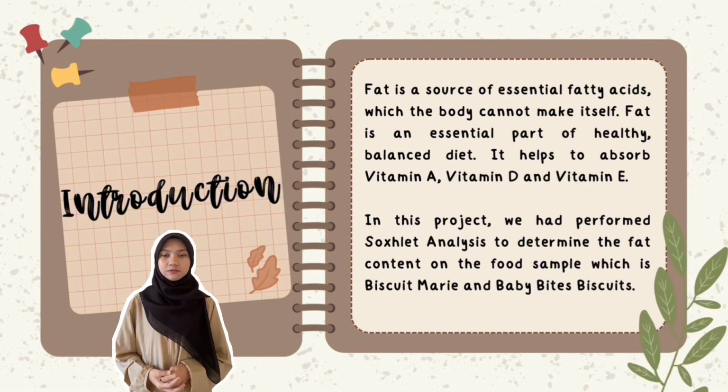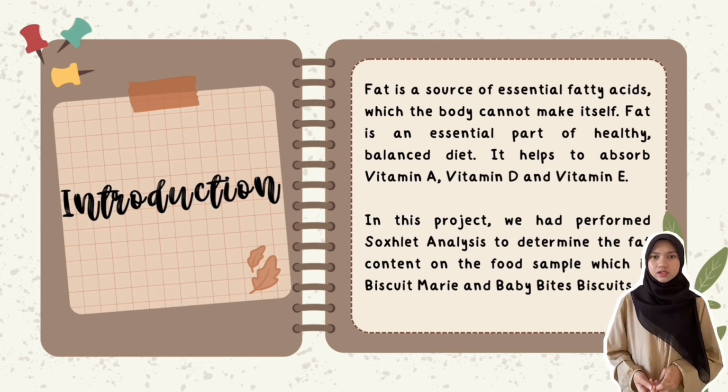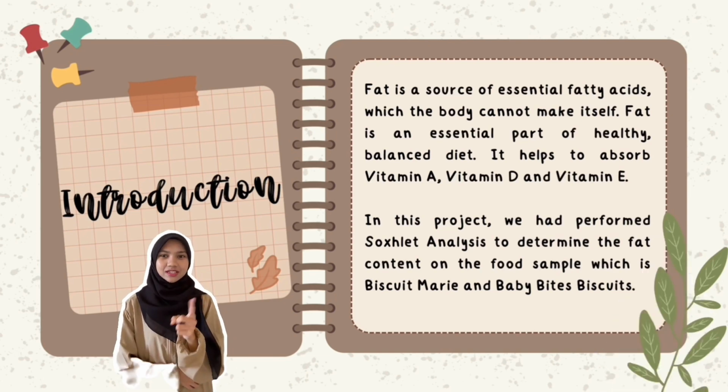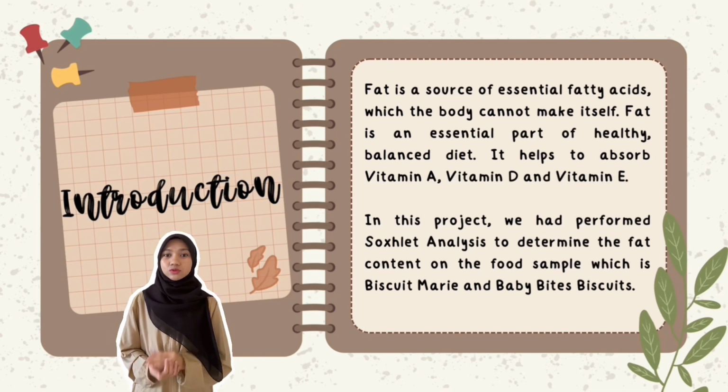There are two types of fat, which are saturated fat and unsaturated fat. Which one is better? Unsaturated fat. It is divided into two types, which are monounsaturated and polyunsaturated fat. Polyunsaturated fat helps to decrease the level of bad low-density lipoprotein (LDL) cholesterol in our blood.